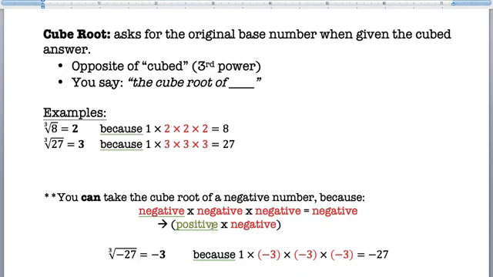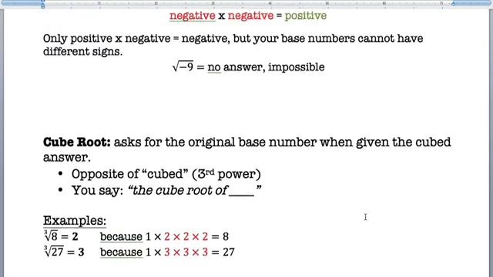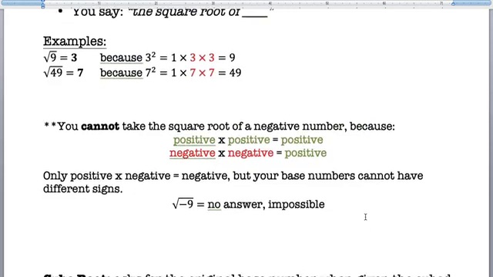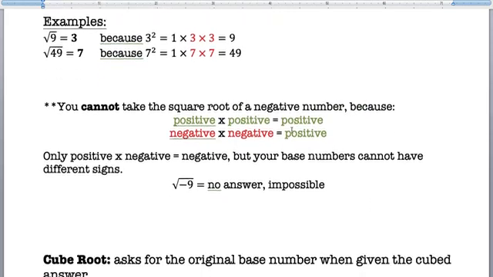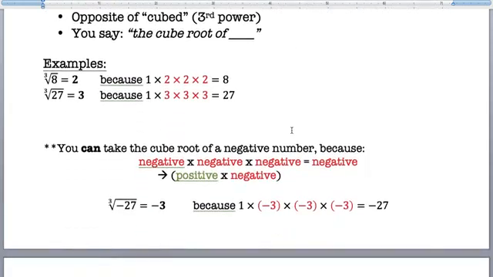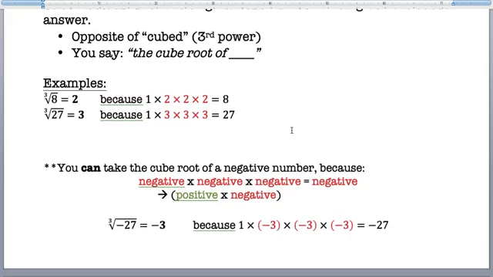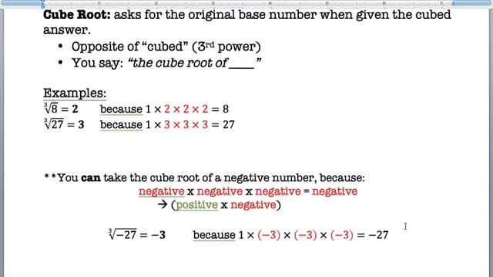And remember, we wanted 2 different signs in order to get to the negative. Okay? So the square root answer always has to be positive, and then the cube root answer can have a negative on the inside. And that answer would be negative because those signs would cancel each other out and then work out to a negative at the end.